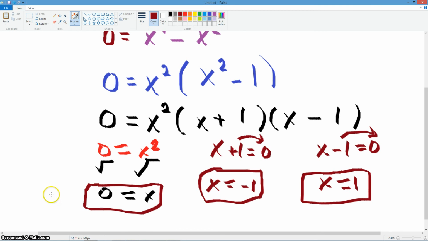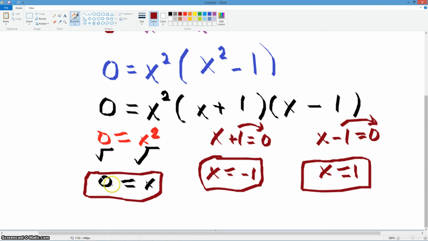I want you to be careful because it's really in here. Whenever I took the square root of 0, technically I'm supposed to get plus or minus 0. But what is a positive 0 and a negative 0? It's still 0. So it's going to be the same number. In this case, this is what we call a double root.